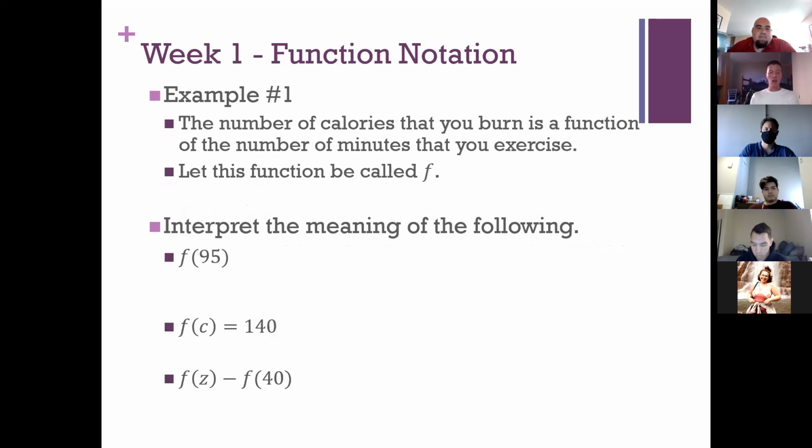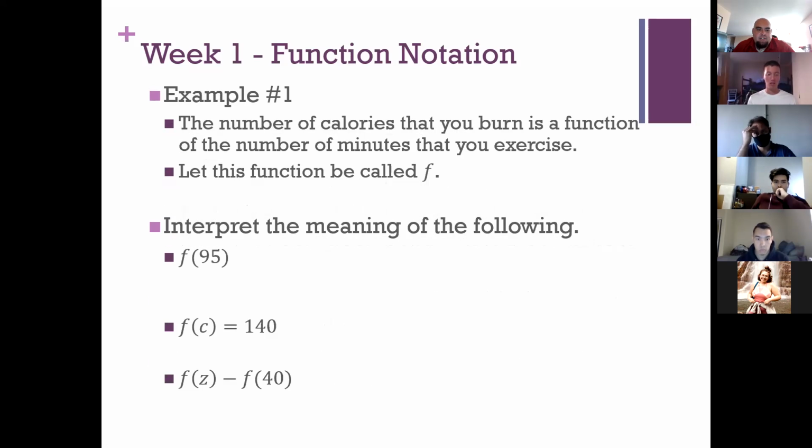So this first example, let's say the number of calories that you burn is a function of the number of minutes that you exercise. So we'll call that function f. We have our function f. I have told you what the independent variable represents, and I have told you what the dependent variable represents.